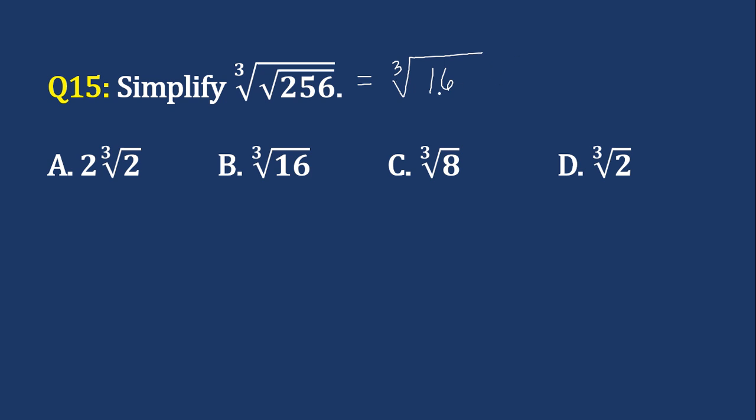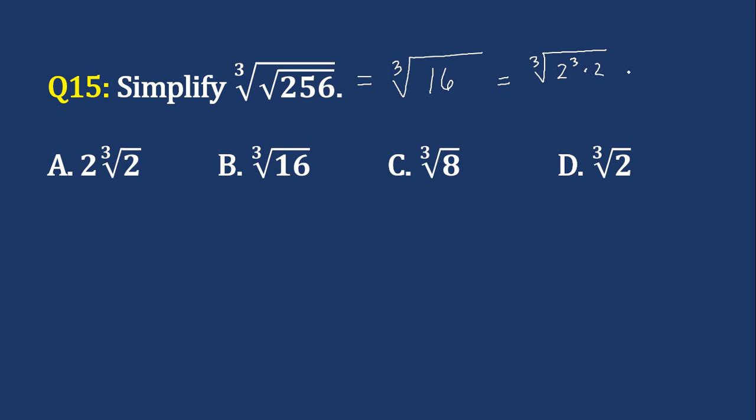So let's write 16 as a product of a number that has exponent 3 and some extra factors. This is actually the same as the cube root of 8, or 2 raised to 3, times 2. Okay, 2 raised to 3 is 8 times 2, that's 16.